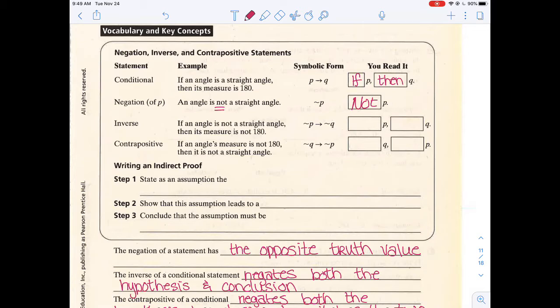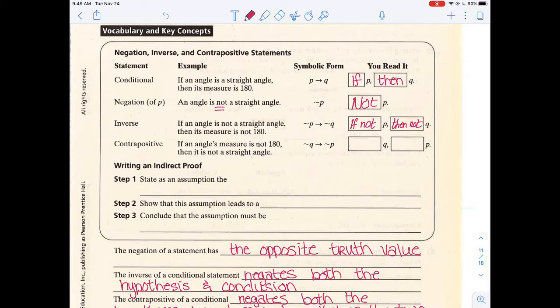Okay, so then the inverse negates both, right? We talked about that in our vocabulary. The inverse negates both the hypothesis and the conclusion. P is the hypothesis, Q is the conclusion. So the way we would read the symbolic form for this would be if not P, then not Q. And then last, the contrapositive.